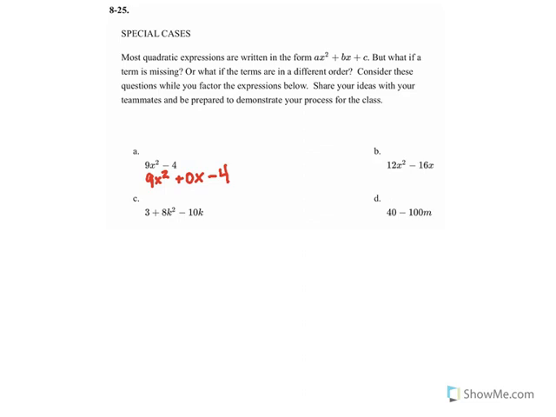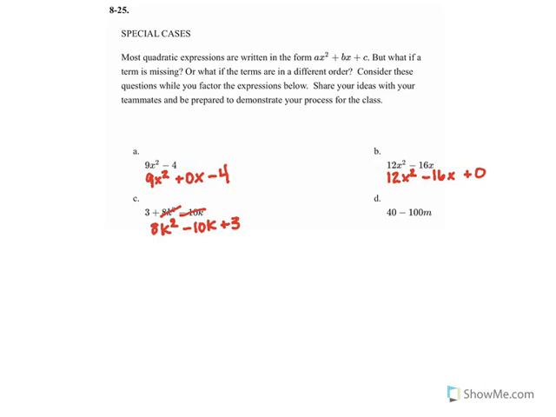Now the second one, for B, I have 12x squared minus 16x's, but then we have plus 0 at the end. We don't have a constant term at all. For C, my x squared needs to go first, so I'm going to do 8k squared, and I always cross it out if I've already written it, minus 10k, and then plus 3. And you should be able to factor that.